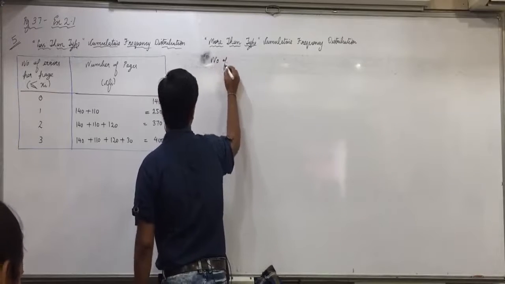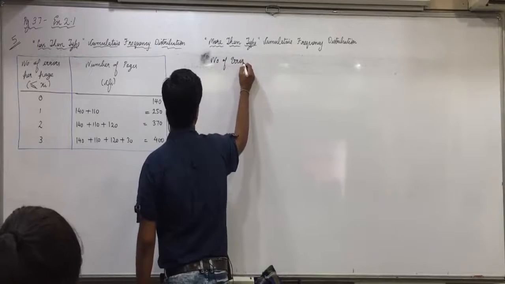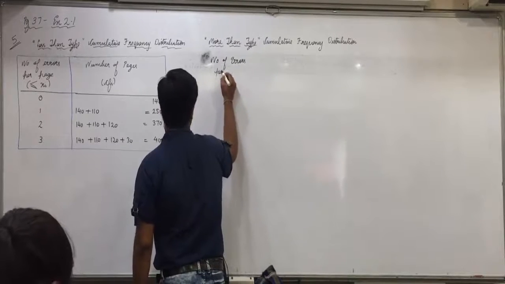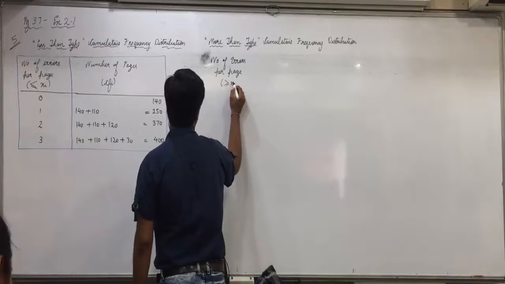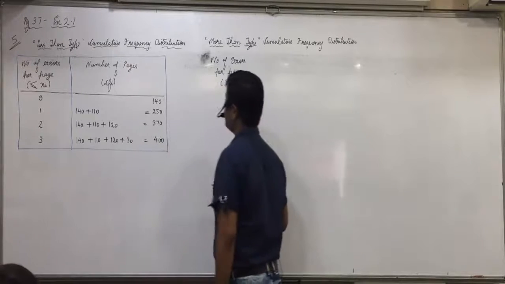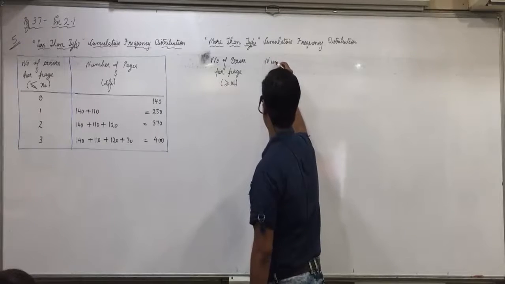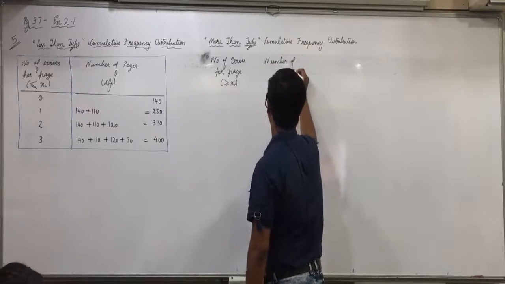Number of errors per page. Now in bracket you will write more than equal to xi, and number of pages, bracket CFI.